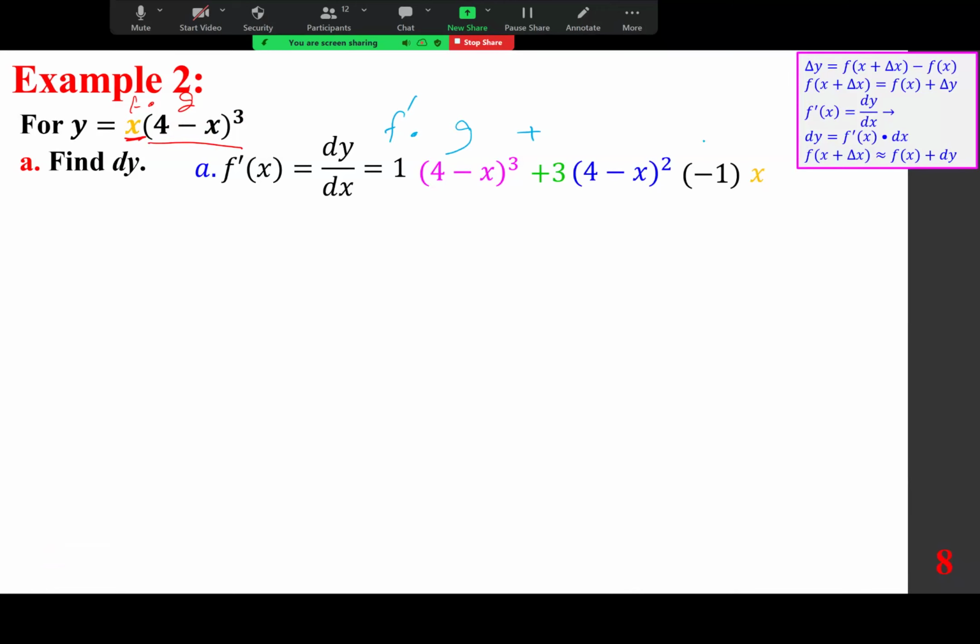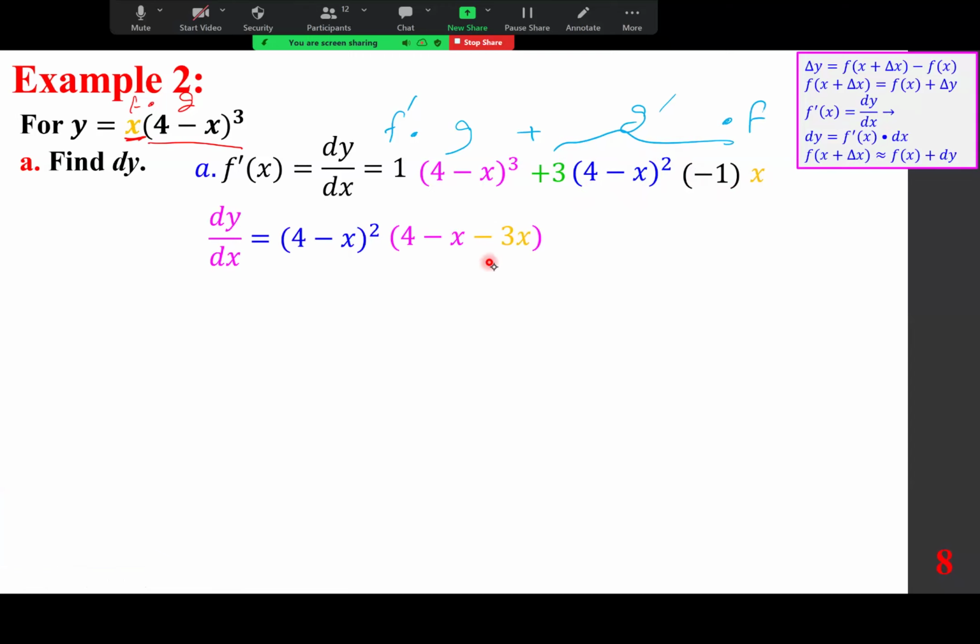In other words, we have f prime g plus g prime. To simplify, we take the 4 minus x out with the exponent 2 as a common factor, because 2 is smaller than 3. When you divide this one by this one, it gives you 4 minus x. And this one, 4 minus x squared, goes away. The rest of it, positive 3, negative 1, and x gives us negative 3x.